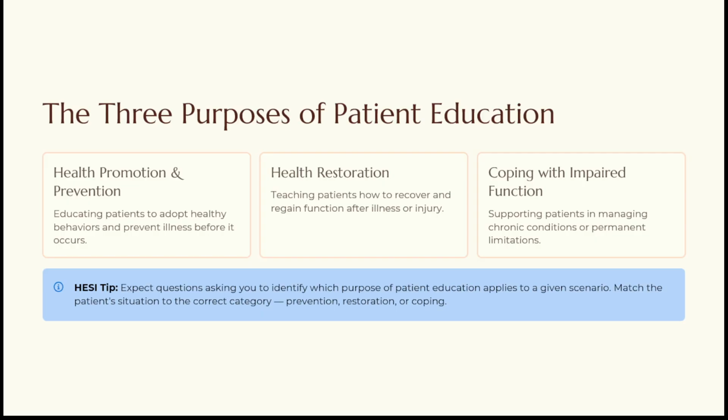The third purpose is coping with impaired functioning. This focuses on helping patients manage chronic disease or permanent limitations. Again, examples for this would include insulin administration for diabetes, oxygen management for COPD, adapting after a stroke, or learning to live with heart failure.